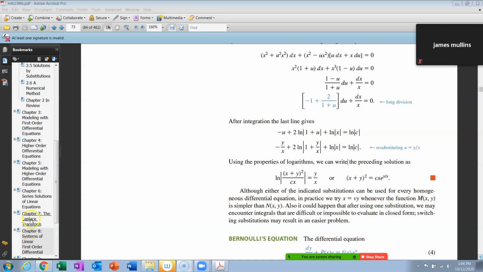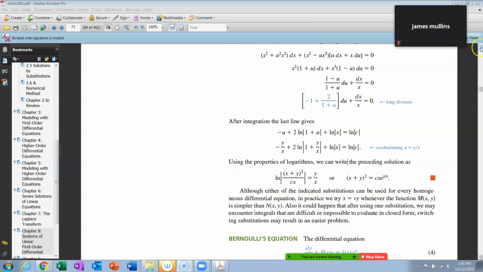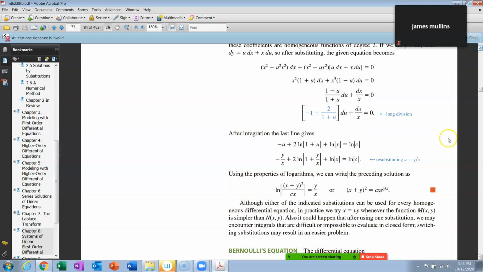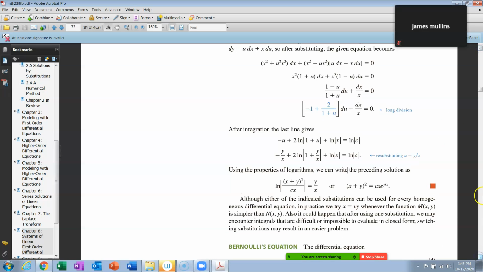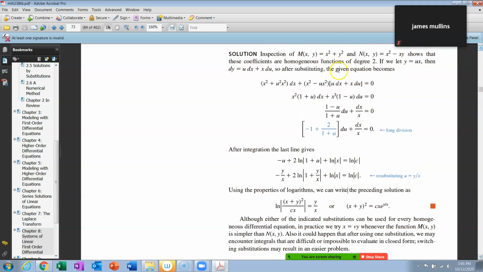It says, although either of the indicated substitutions can be used for every homogeneous differential equation, in practice, we try x equal vy when the function m of xy is simpler than n of xy. See up here, the one we just did. Here, they're equivalent.